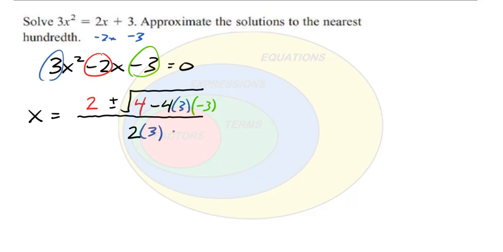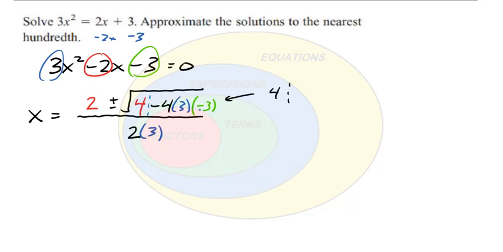So we'll start simplifying underneath the radical. We have 4, and then the next term is -4 times 3 times -3.